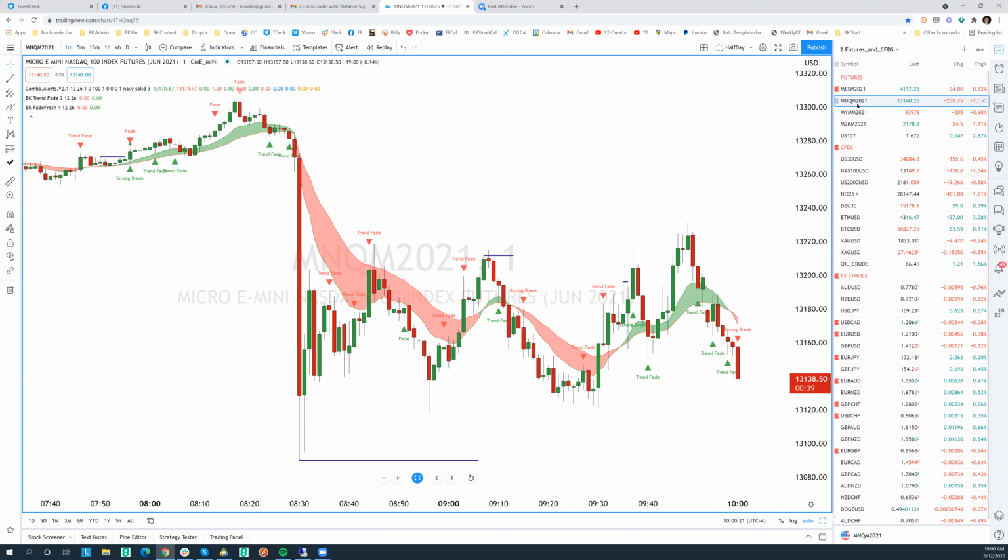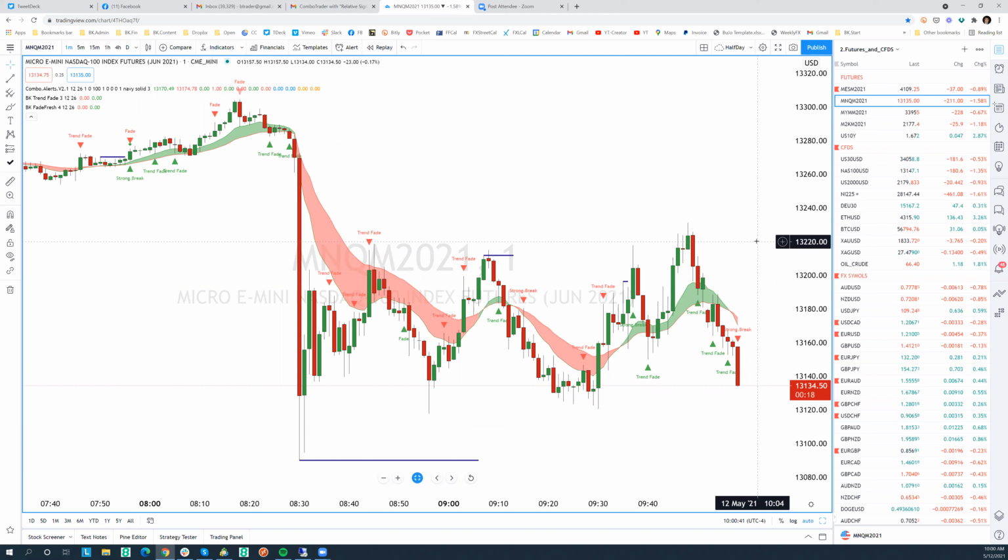Nasdaq now turns negative. This is interesting. It's a higher green. The strong break here is just a little bit above all of this stuff, not a perfect sell signal.